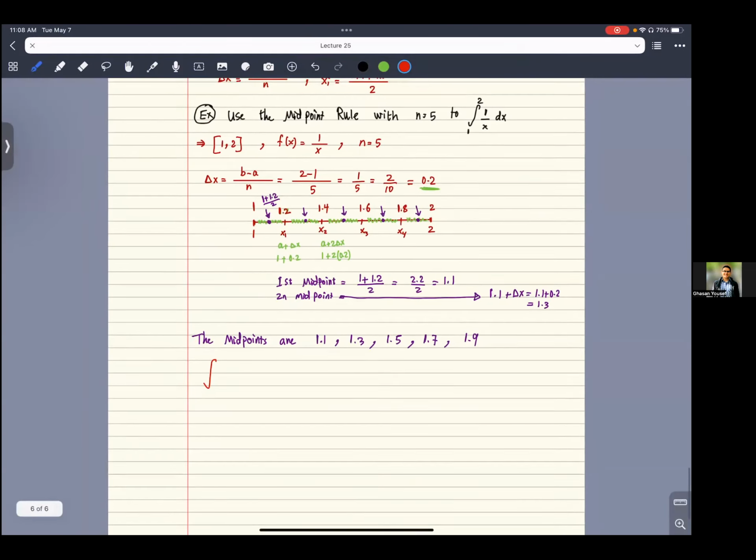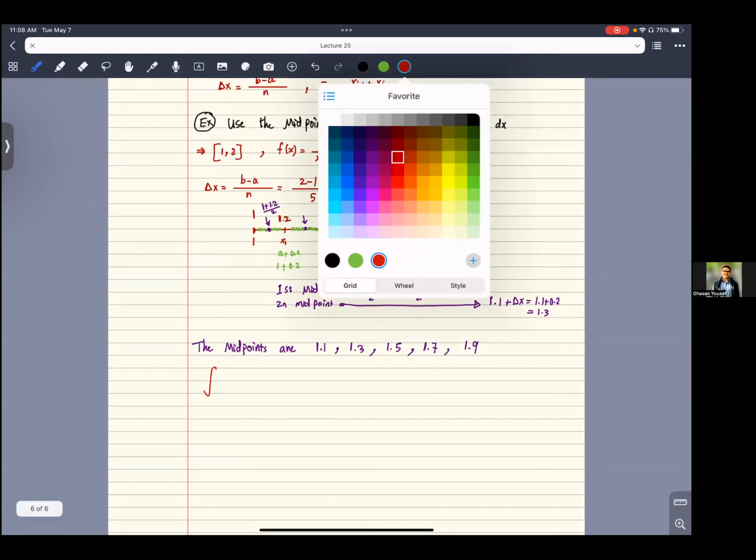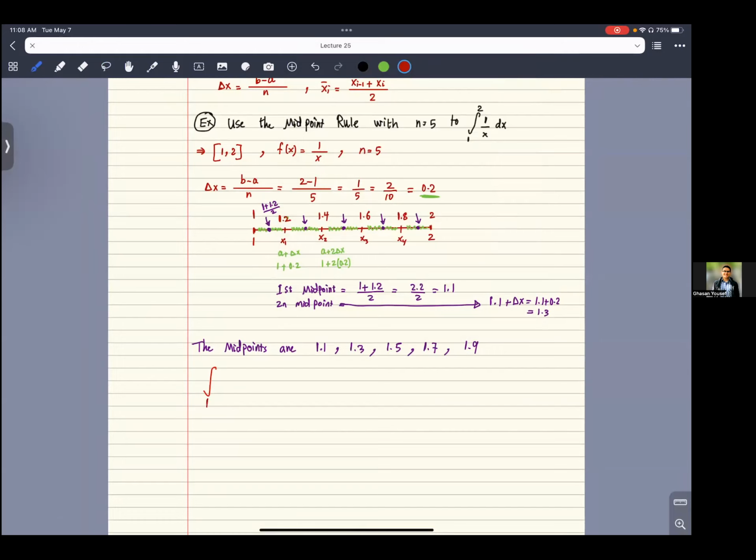The question is about the integral from 1 to 2 of the function 1 over x. So delta x times f of 1.1 plus f of 1.3 plus f of 1.5 plus f of 1.7 plus f of 1.9.